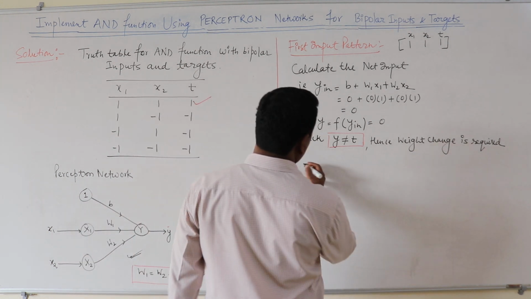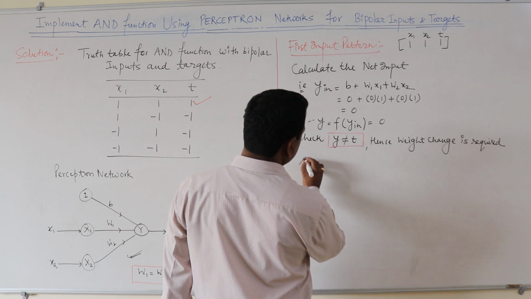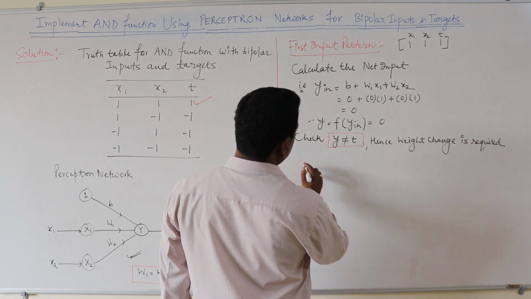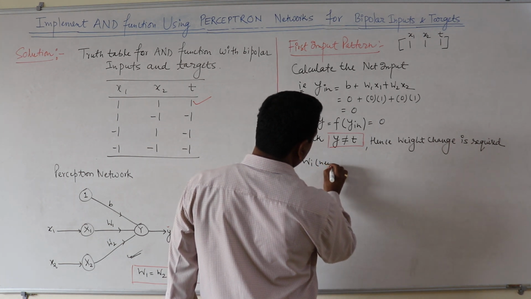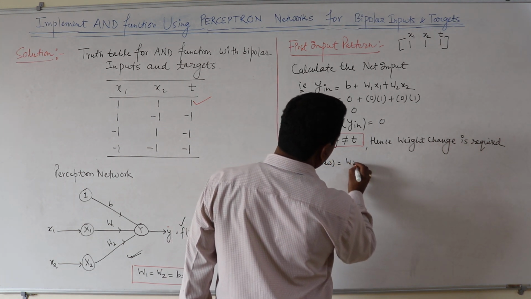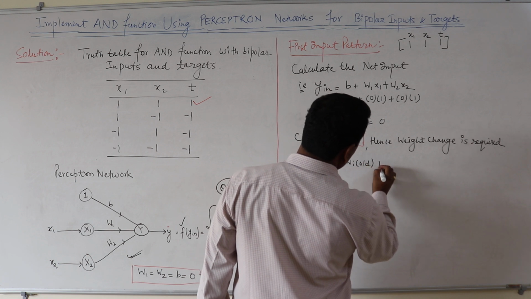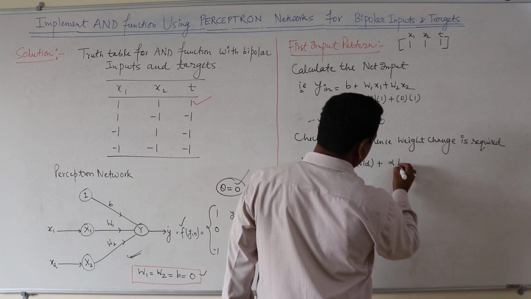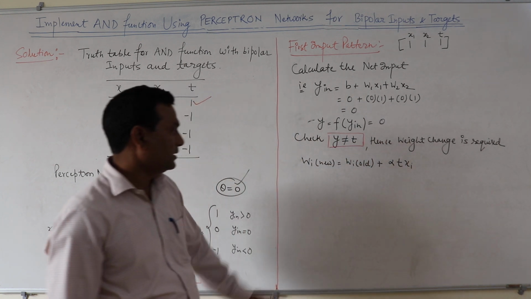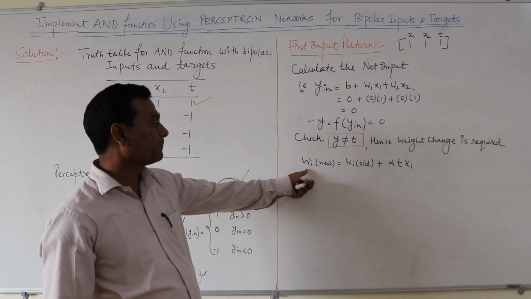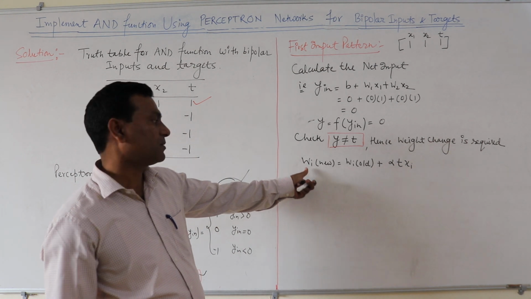Now the general formula for change in weight, that is wi new equals wi old plus alpha t xi. Here wi will depend on the inputs, number of inputs.